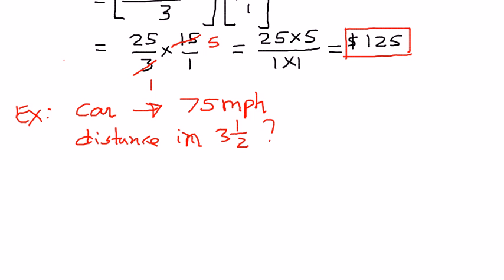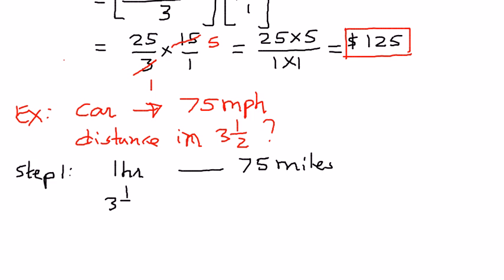So what do we do? We can write them out in terms of steps and then see what is given to us and what it is we need to do. In 1 hour, we are traveling 75 miles. That is what is given to us. 75 miles per hour means we are traveling 75 miles in 1 hour's time. In 3.5 hours' time, how much distance are we going to cover? We'll find out.